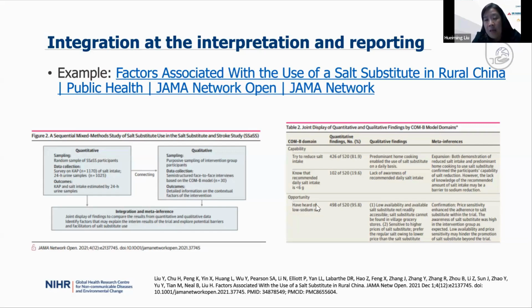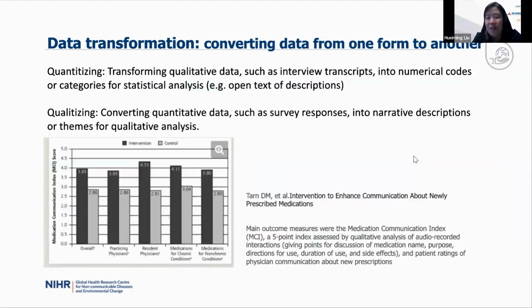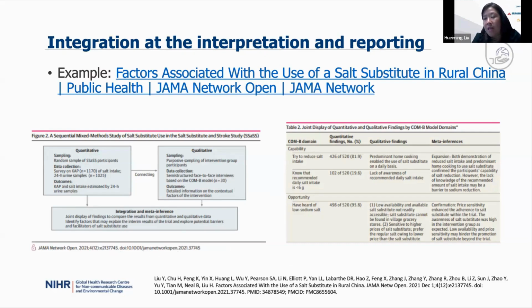And similarly went through that for opportunity and went through that for motivation. This is some of the wording that if you read the mixed methods meta-inference, you can look at the wording of expansion versus confirmation and diversion. Then you try to explain that.